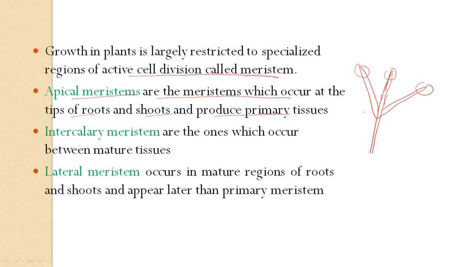Intercalary meristems are those which occur between mature tissue. That is, after growth it becomes mature and becomes a part of the intercalary, which helps in the elongation. Then lateral meristems occur in the mature region of root and shoot and appear later than primary meristem.